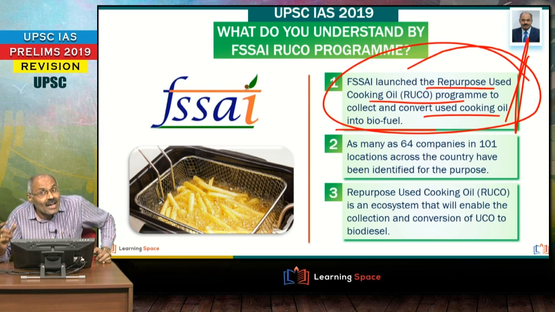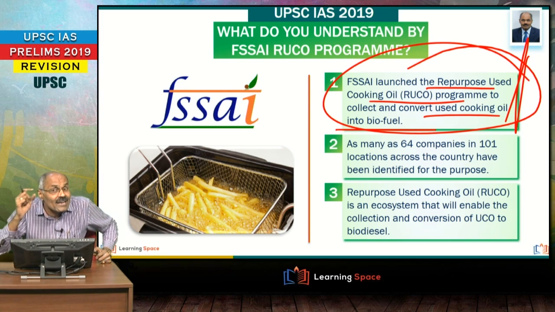Right friends, I hope you got clarity about total polar compounds and what is to be done with used cooking oil. Through the RUCO program it can be converted into biodiesel.